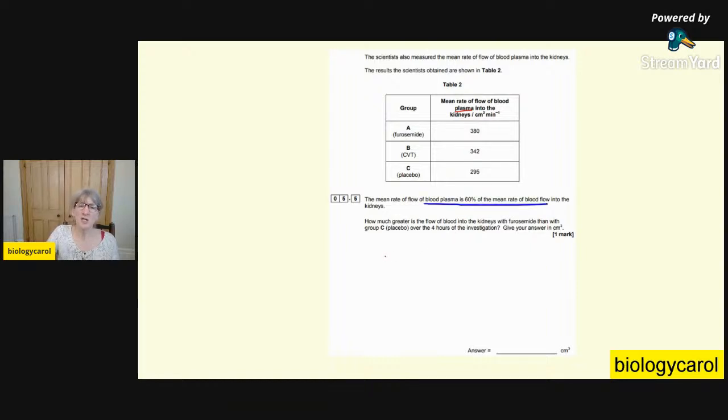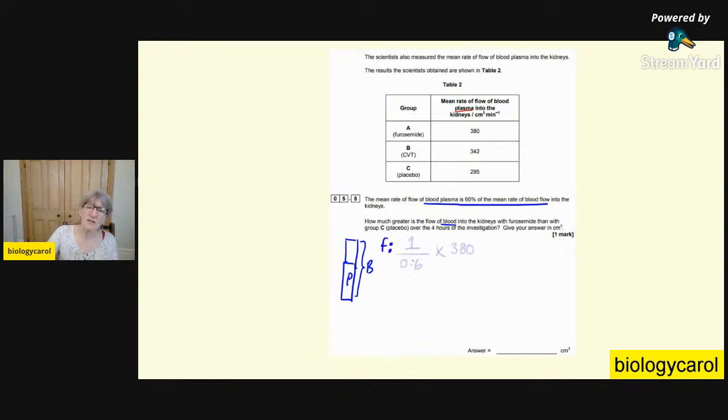So here I've underlined that. And here is my silly little diagram for me to get my head around the fact that these numbers are 60% of the number that I need to get to. I need to times this number for furosemide and this number for placebo by a multiplication factor that is going to give me the blood flow.